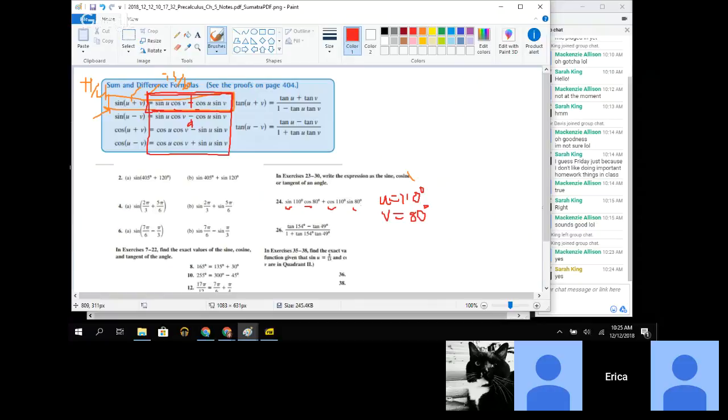So this is really just the sine of 110 plus 80 degrees, or the sine of 190 degrees. So that's what you would literally write, is that this is the sine of 190 degrees. So you're basically uncalculating what you would have done.